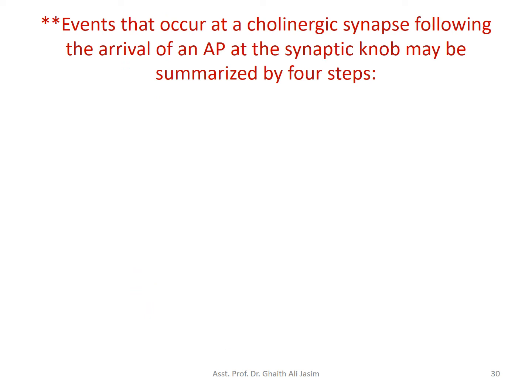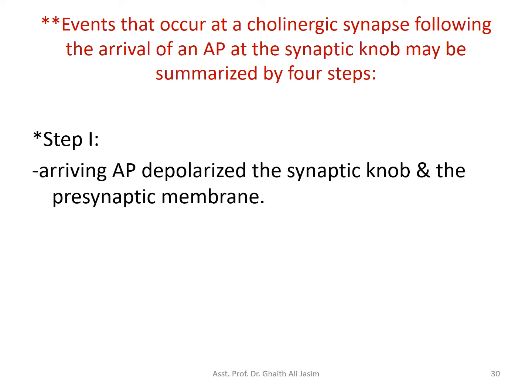So, what are the events that occur at a cholinergic synapse following the arrival of an action potential at the synaptic knob? This may be summarized by 4 steps. Step number 1, arrival of the action potential depolarizes the synaptic knob and the presynaptic membrane.